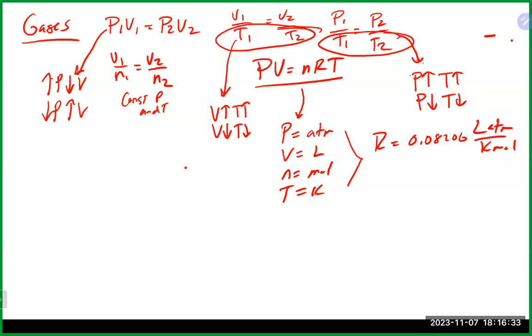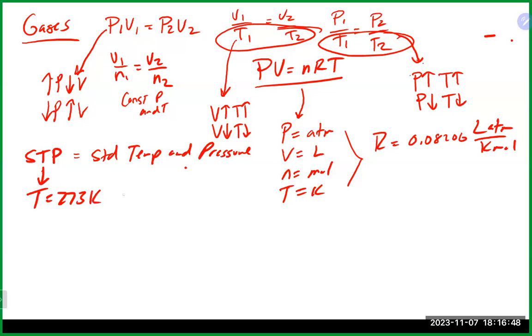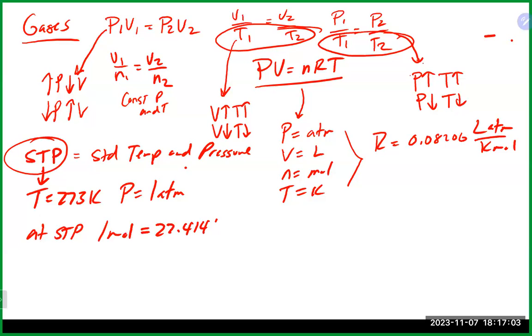And we talked about STP, which is standard temperature and pressure. And that does represent set values. Temperature is 273 Kelvin. Pressure is 1 atmosphere. And when you are at STP, there's a relationship that 1 mole of any gas will equal 22.414 liters.